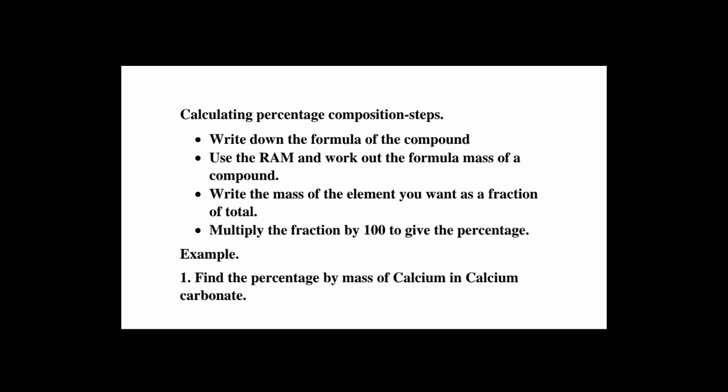So we are saying write down the formula of the compound. From there, you should be able to use the relative atomic mass to work out the formula mass of a compound.